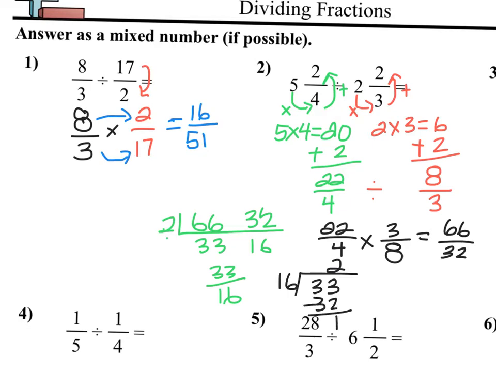We have 1 left over. Remember, our whole number is our quotient. So 2 is our big number. Our numerator is our leftover, and our denominator stays the same.